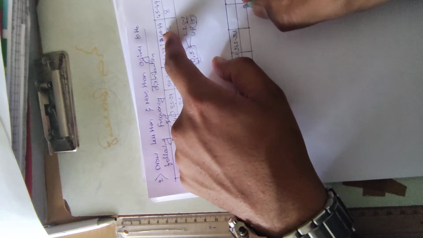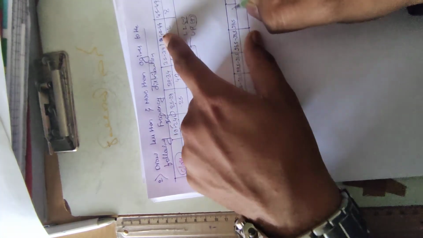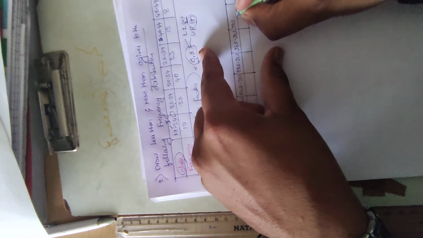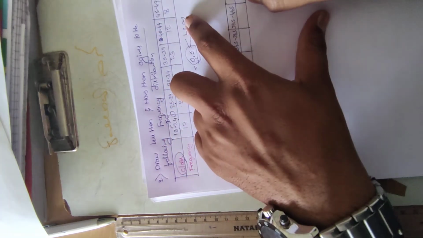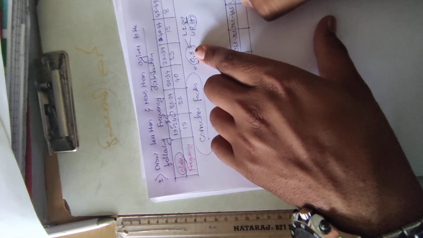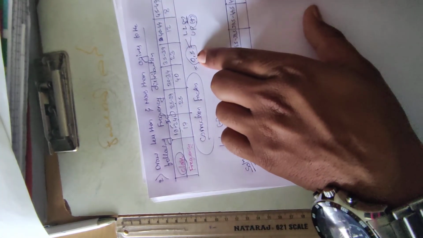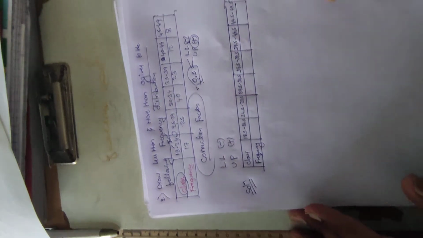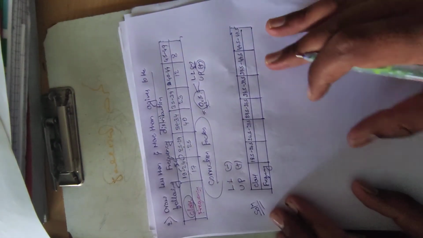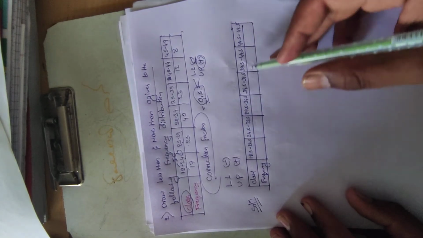Next, 40 minus 0.5, 39.5. 44 plus 0.5, 44.5. Next, 45 minus 0.5, 44.5. 49 plus 0.5, 49.5. Okay students, this is the way of converting an inclusive class interval to an exclusive class interval.